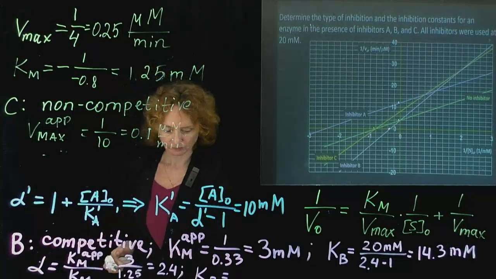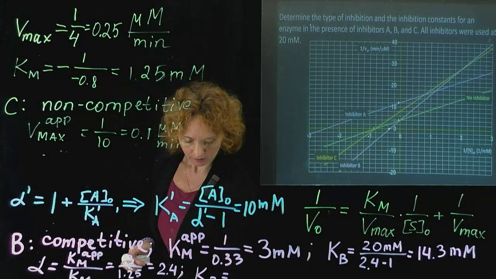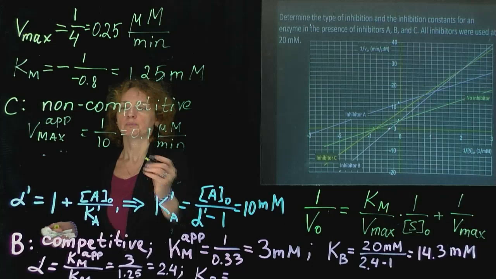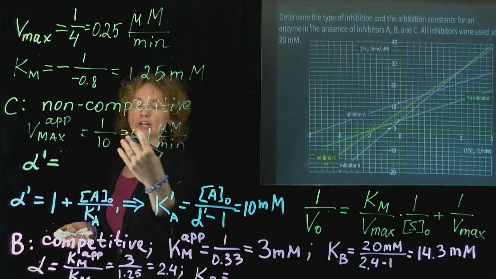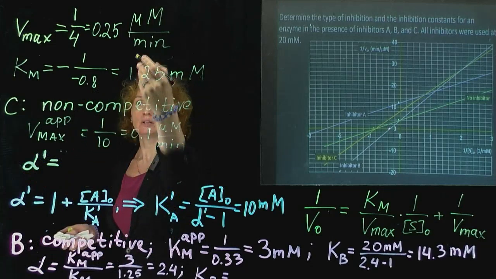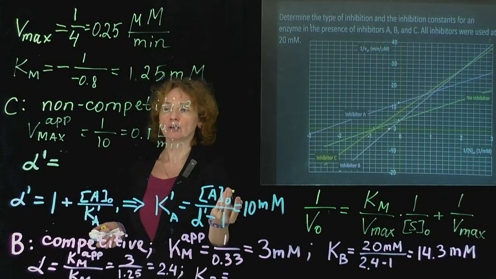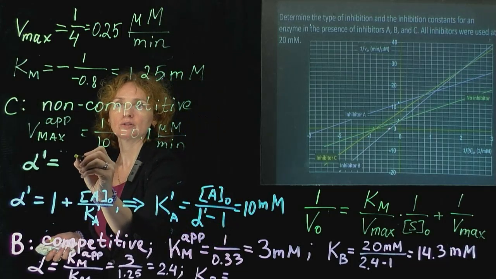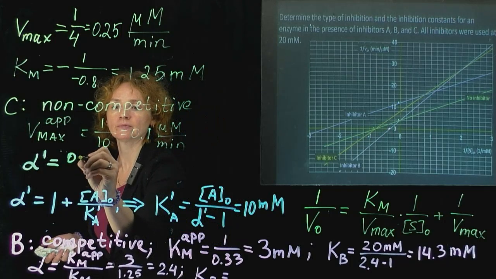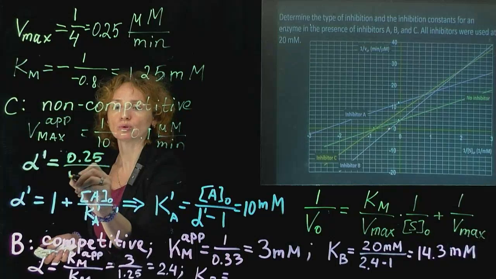And so alpha prime for this case will be equal to the ratio between the maximum velocity and the apparent maximum velocity, which will be 0.25 over 0.1.